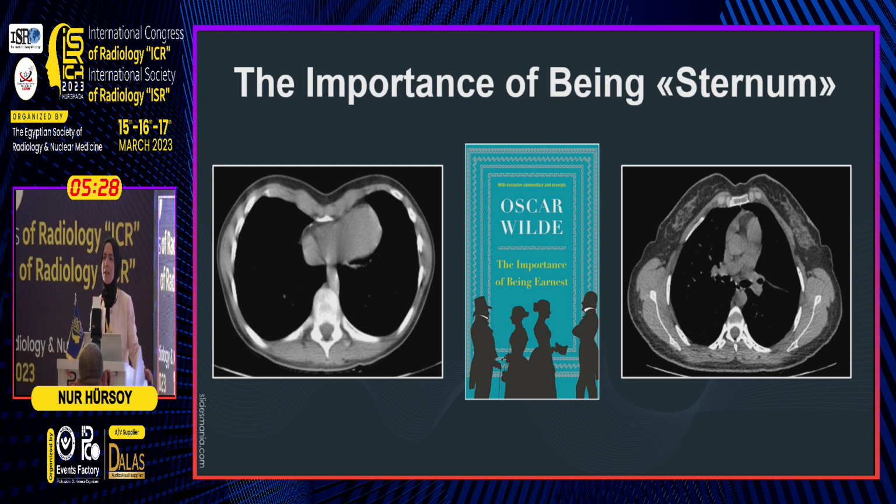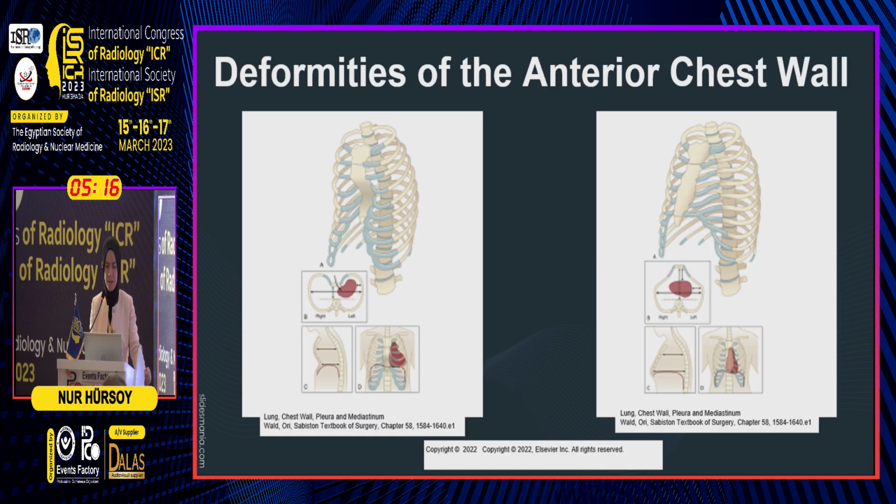Its location is so important for the shape of the chest wall. Pectus carinatum and excavatum are two examples of this association, and they are the most common deformities of the anterior chest wall.